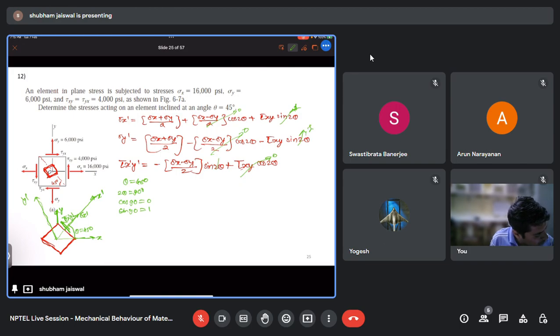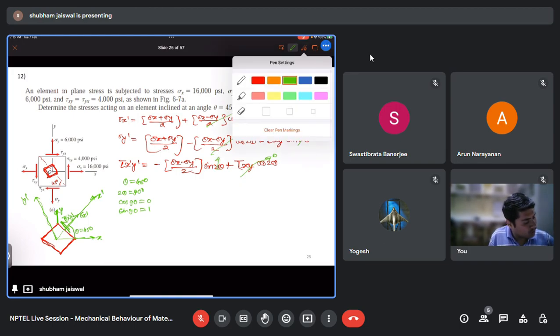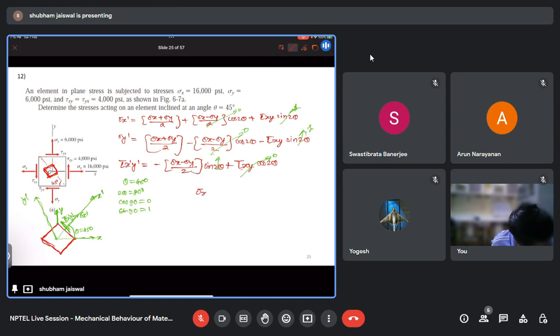So we can simply write sigma x prime is equal to, what is sigma x?